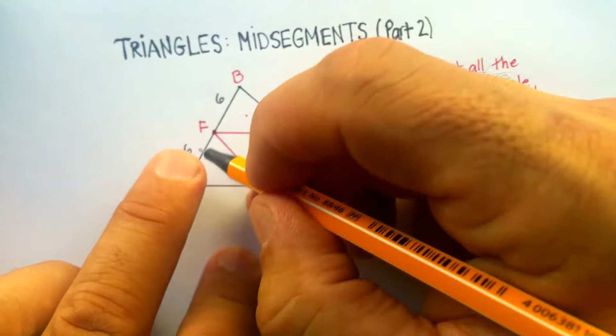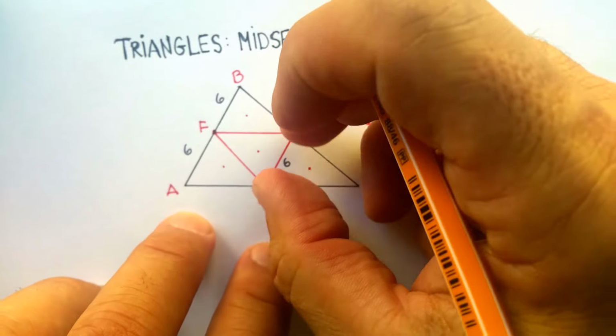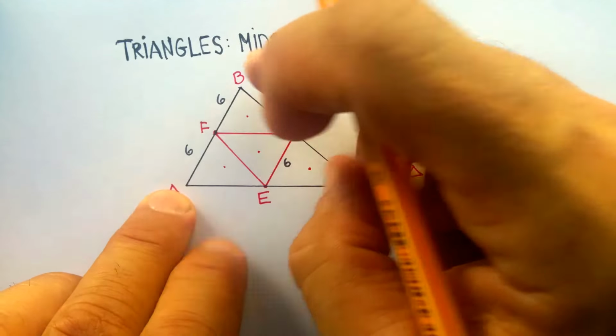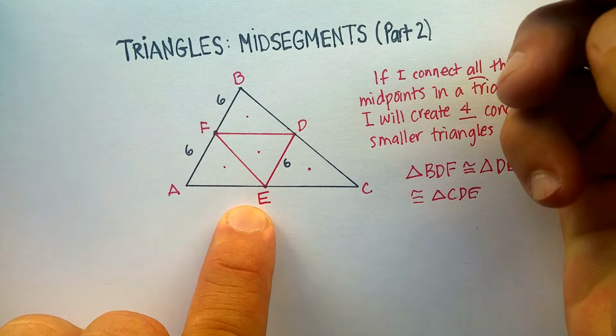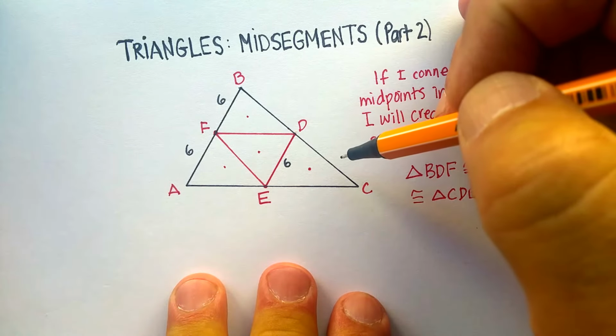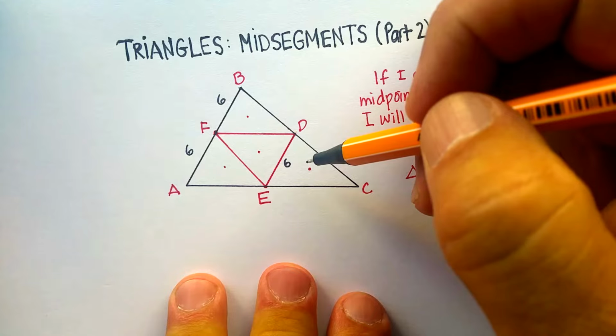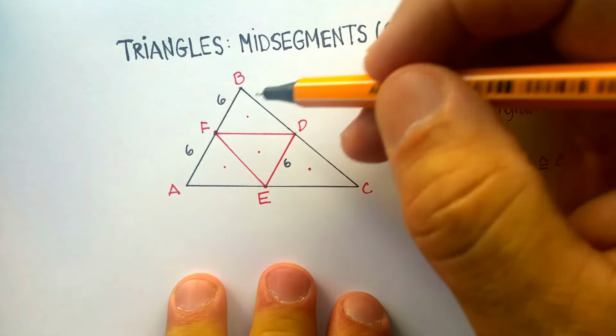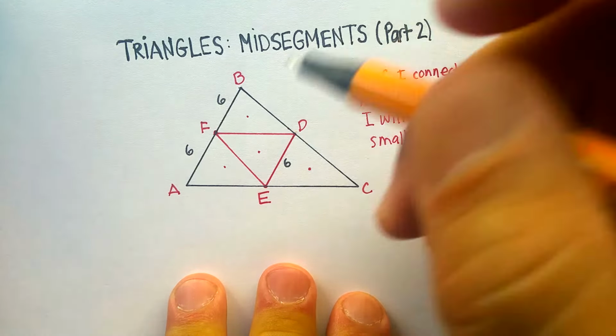So if that were 12, each one of those would be 6, twice as large as that one. Okay, so now look what I've done. I've actually started to find all the lengths of the sides of this triangle.